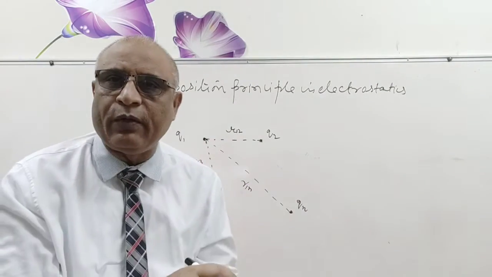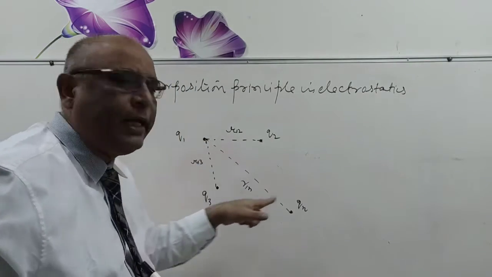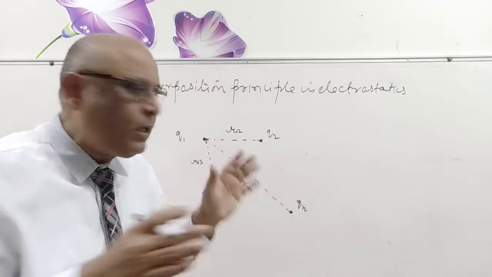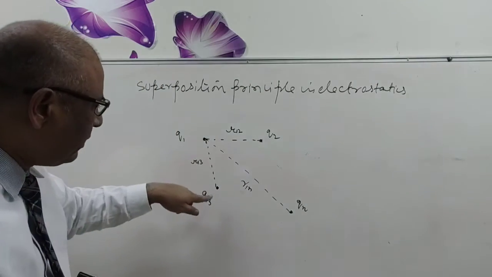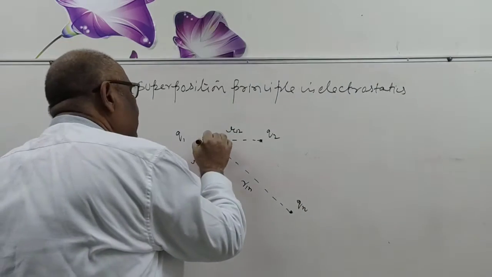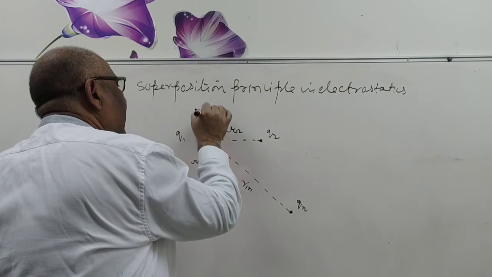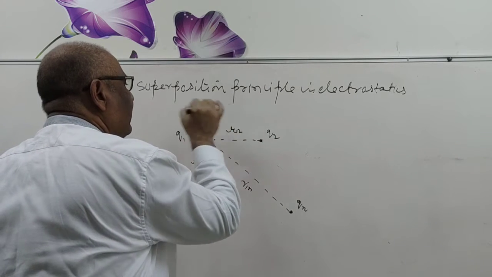We want to find the force on Q1 due to Q2, Q3 and Qn. All are positive charges. Then Q3 repels Q1, and this force is the vector F13.